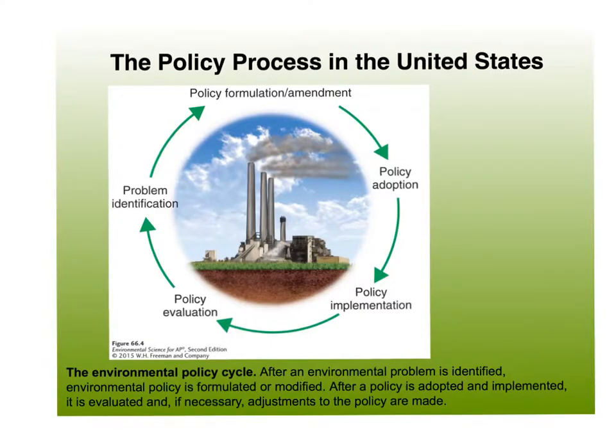The policy process in the United States, go ahead and take a look at this. You want to know that this is the way that we do things in assessing problems. So think about your lab that you did today with the goldfish. Think about how that would relate to ways that we would come up with solutions as a country, right?